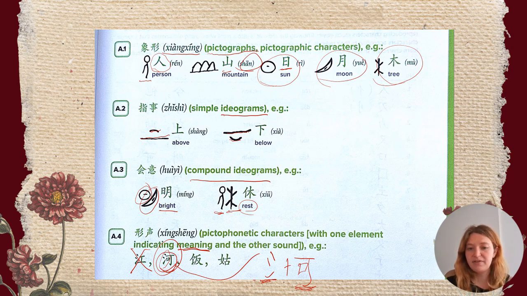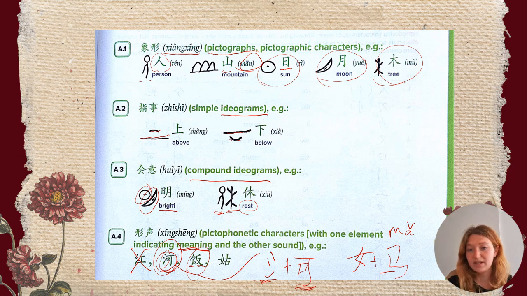I think this one is fan. This bit means food. This bit is pronounced fan, so you know. And then I'm going to give you another one. So this is the character for woman, and this, oh, it is kind of hard to write on here. Whatever, is the character for horse, and this is the one that's pronounced ma with a third tone.